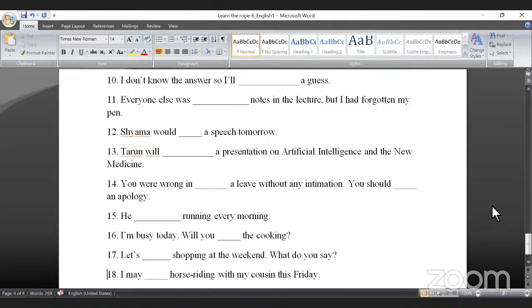What is the difference between shopping and the shop? Both are nouns, you are right. But shop is a place. Shopping is an activity.